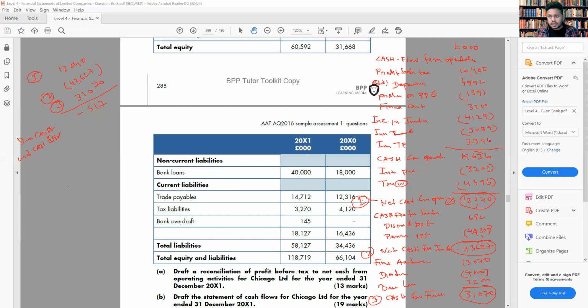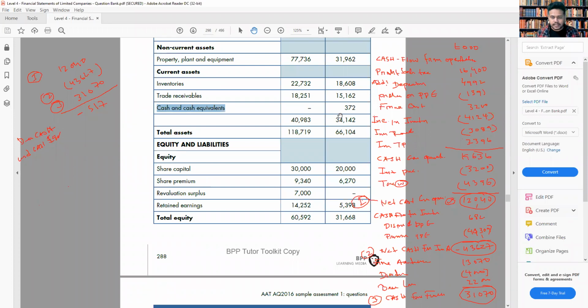So I want to check how much money we had at the beginning of the year. So I'm going to look at my financial statement on the bank. So cash and cash equivalent. Now I can see the beginning of the year. So the money come from the last year. So opening balance, I had plus 372. So I said, okay, so 517 is a minus and plus 372.